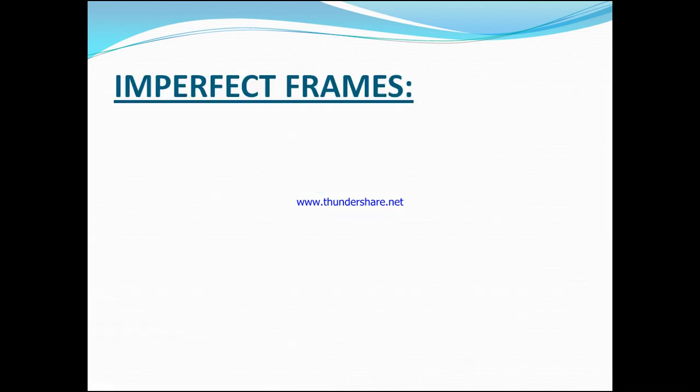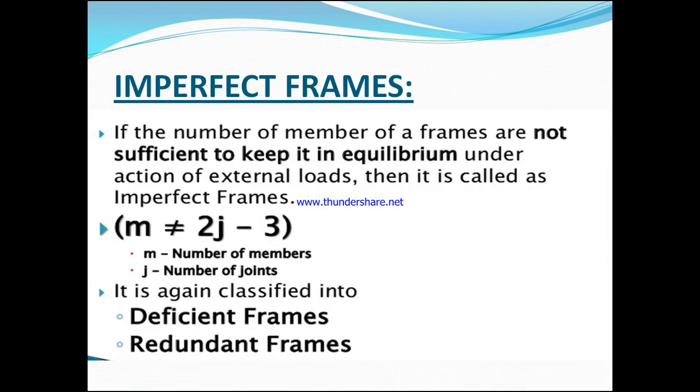That's it. Now coming to imperfect frame. The definition is, if the number of members of a frame is not sufficient to keep it in equilibrium under the action of external loads, then it is called an imperfect frame. In the perfect frame, we have m equals 2j minus 3, whereas imperfect frames don't obey the condition: m is not equal to 2j minus 3, where m is the number of members and j is the number of joints.